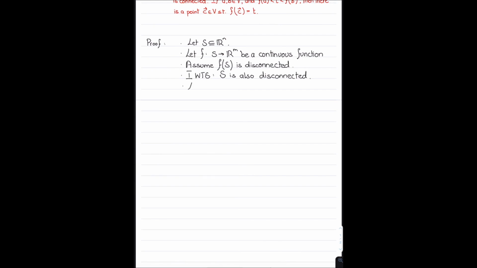Let U1, U2 be a disconnection of f of S, and of course that means that U1 union U2, okay, maybe not the best of choices, let me change this to something else.